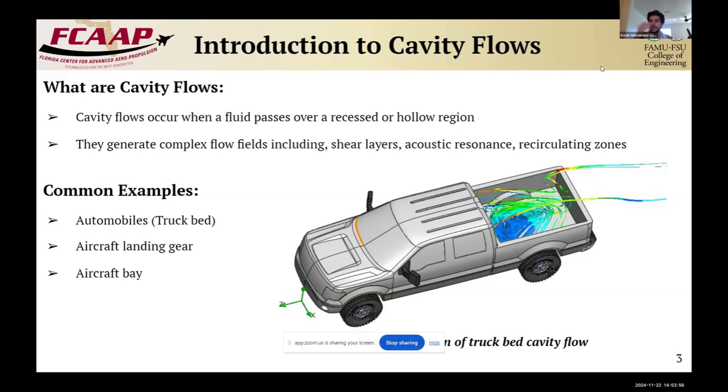Here in this figure, I have a truck where the bed is a cavity, and it's just a nice flow simulation of it. And then in more of our context, we look into aircraft. So the aircraft landing gear, when that landing gear door opens, that creates a cavity on the vehicle. And then in my research context, the aircraft bays.